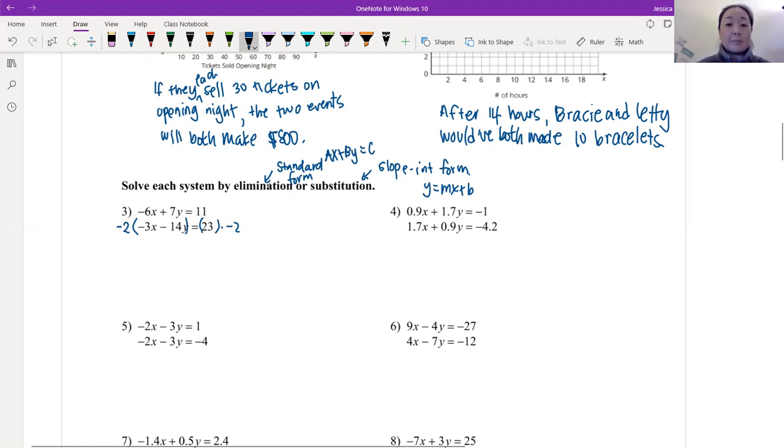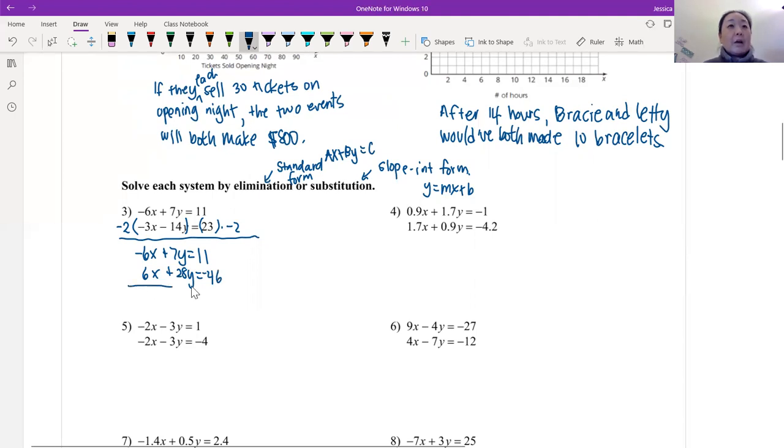I want one of them to be negative, one of them to be positive, so that I can cancel them out. Okay, so here, let me rewrite them. So here's my top equation: -6x plus 7y is equal to 11. My bottom equation, once I multiply with -2, is going to be 6x plus 28y is equal to -46.